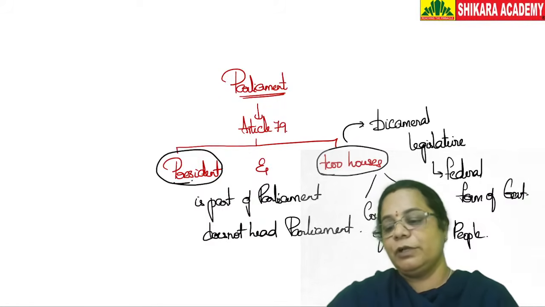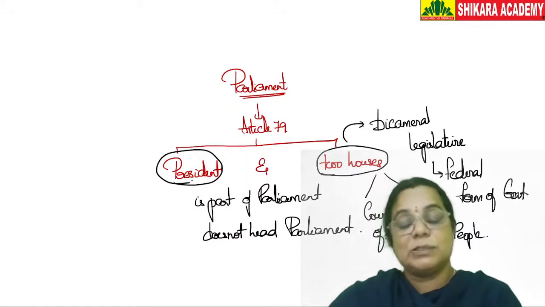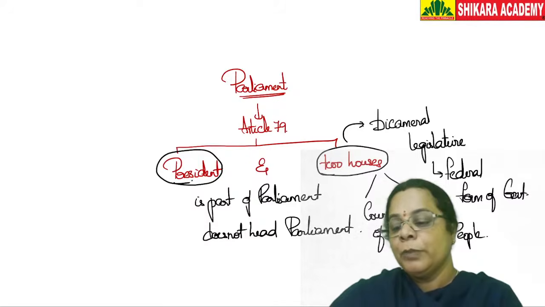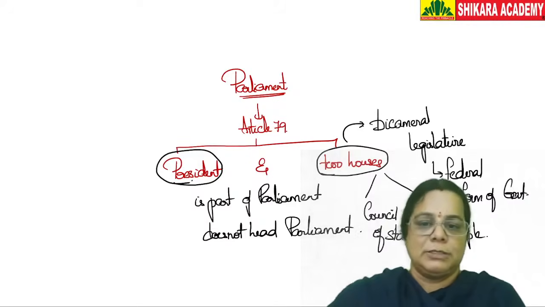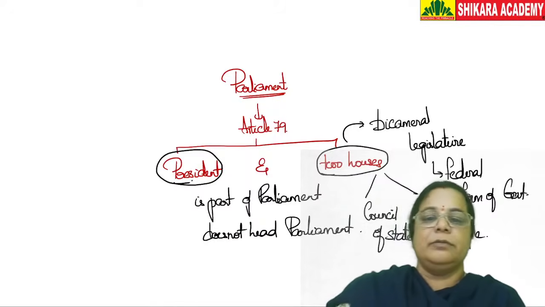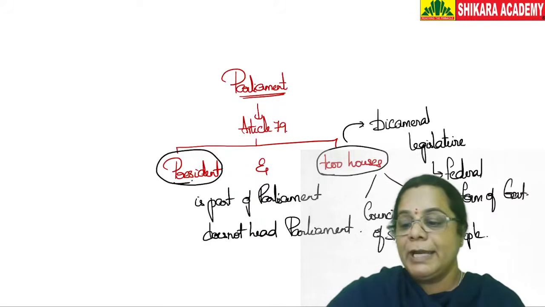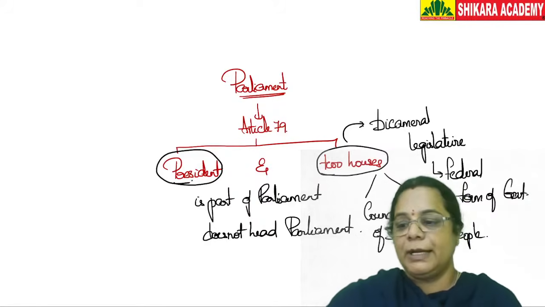This is very important because if they ask you, according to the Constitution, which of the following comprises Parliament in India? President, Council of States, and House of People. It is not Lok Sabha and Rajya Sabha.